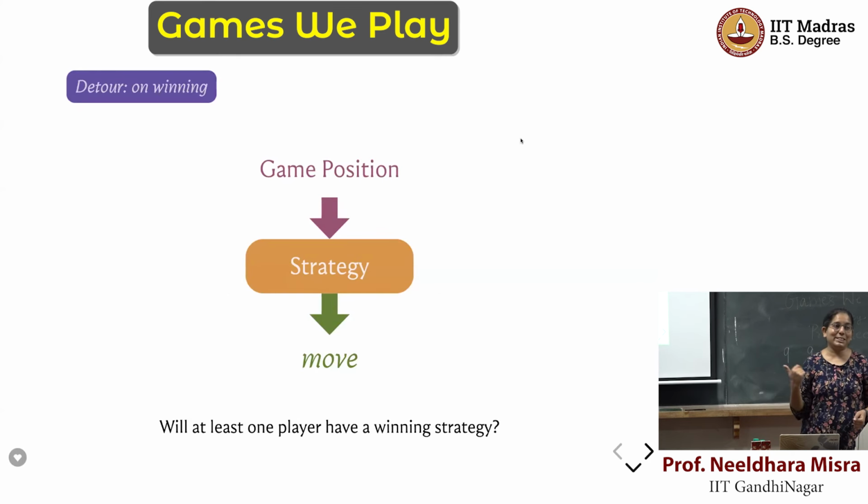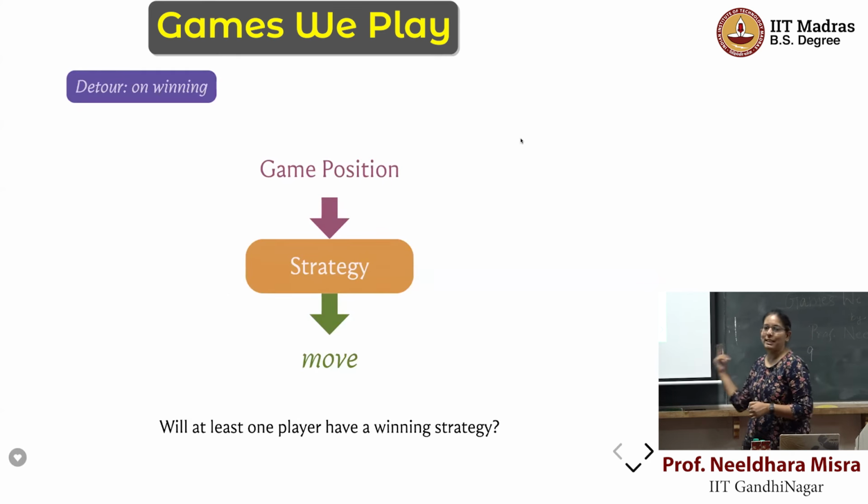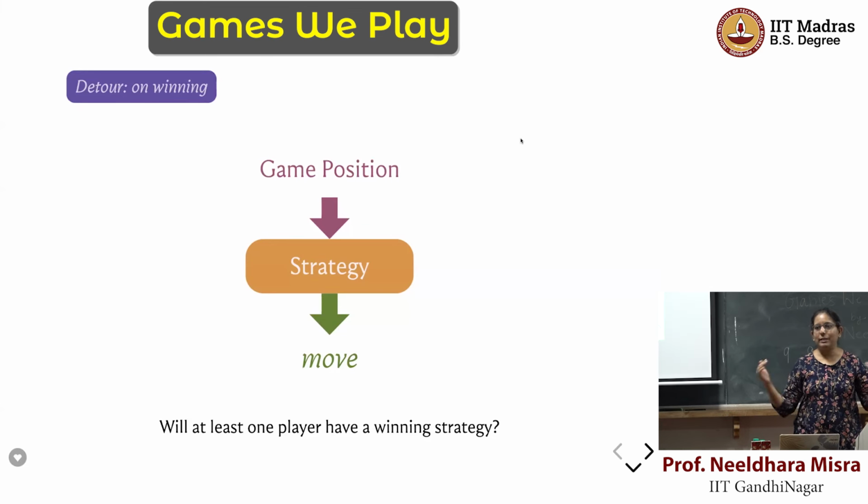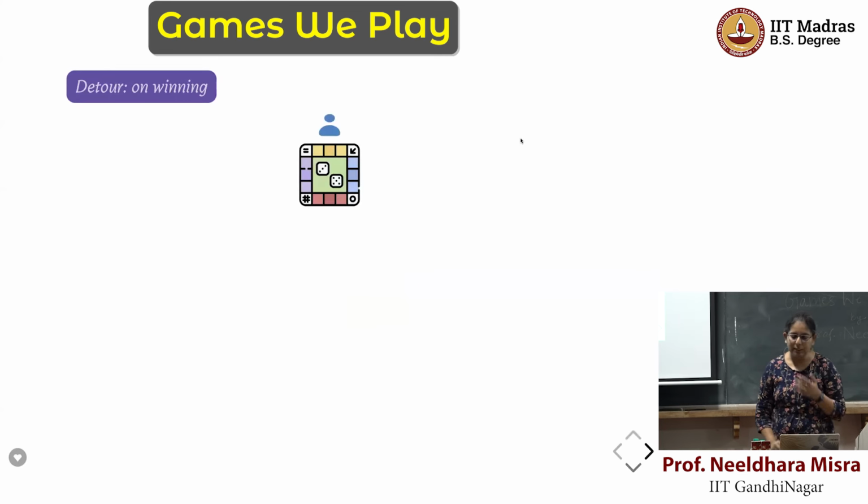Let's go back to this question that we asked, because for all the cases that we analyzed, it seemed like we were able to come up with a winning strategy for one of the players. There was never a case that we couldn't come up with a winning strategy for one of the players. So is this a more general phenomenon? Again, this is for finite combinatorial games, which have all those properties that we saw: turn-based, 2-player, deterministic, perfect information.